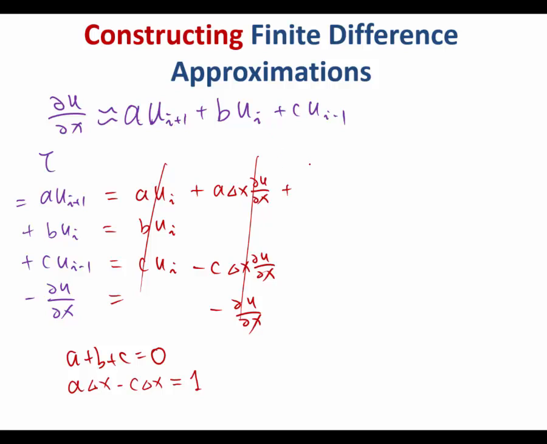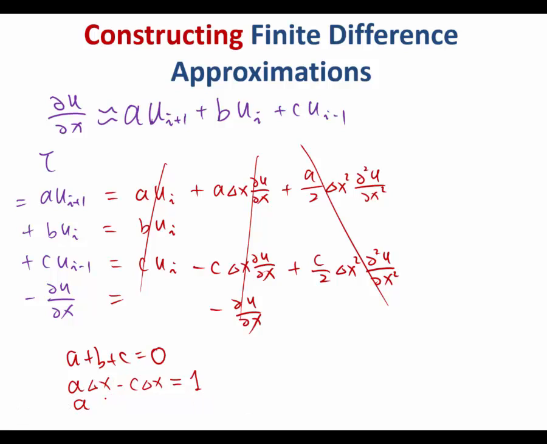We can go plus half of A times delta x squared, partial squared u partial x squared. We can have plus half of C times delta x squared, partial squared u partial x squared. We can also put another equation to cancel this. And that means, because both have a delta x squared, I don't have to worry about that, A plus C equal to 0.